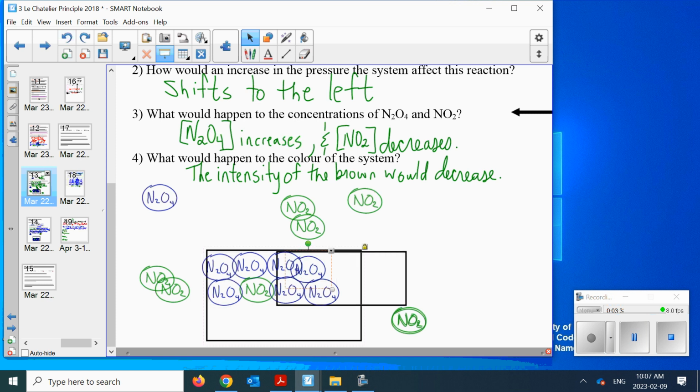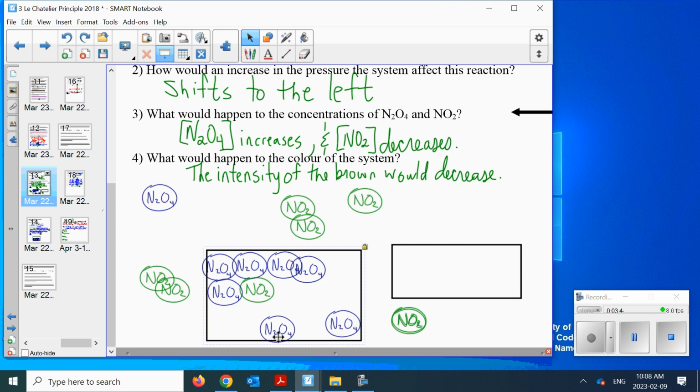What would happen? Well, now these molecules can space out, right? Now lots of space. When there's lots of space, those things collide. Collisions lead to reactions if they have enough energy, right?